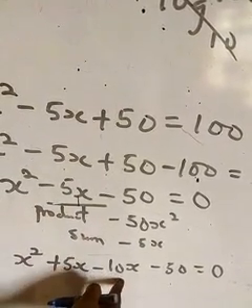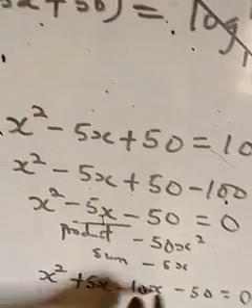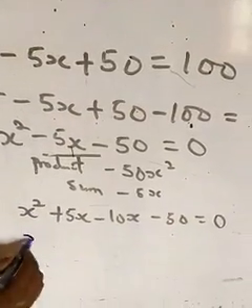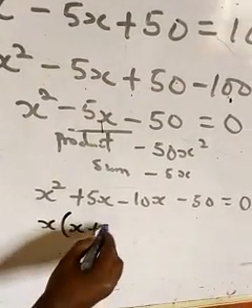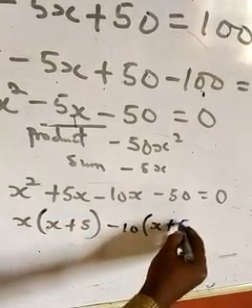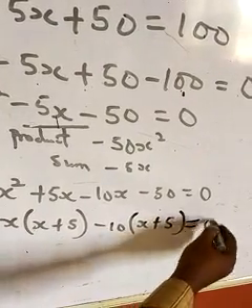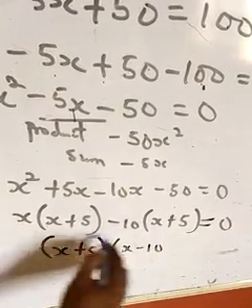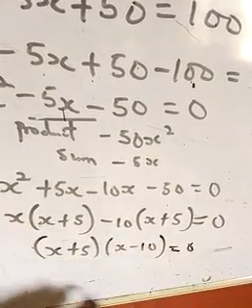Plus 5x multiplied by minus 10x gives me minus 50x squared. Now I continue, and I have x, open bracket, x plus 5, minus 10, open bracket, x plus 5 equals to 0. That is x plus 5, x minus 10 equals to 0.